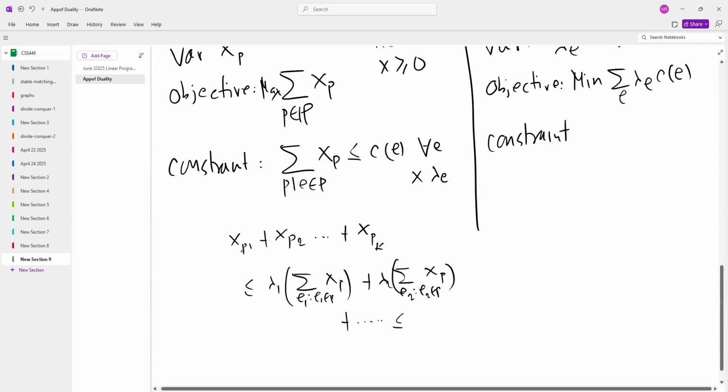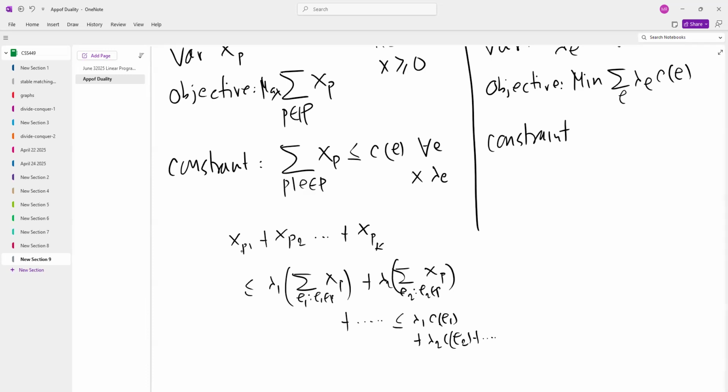And this becomes less than or equal to lambda_1 times C of E1 plus lambda_2 times C of E2 plus dot dot dot. Okay? And then this is exactly the objective in the dual program, right?